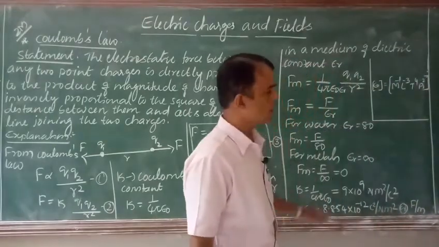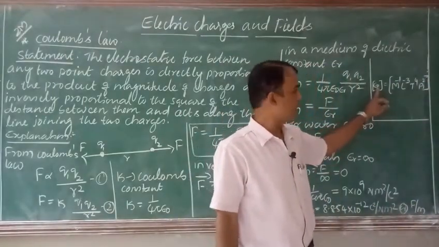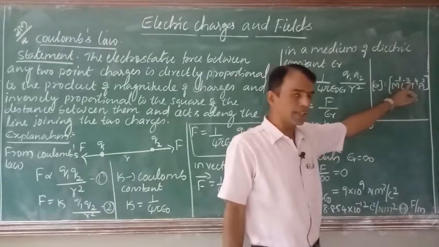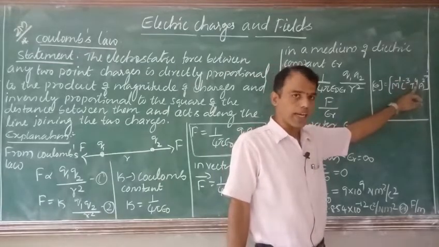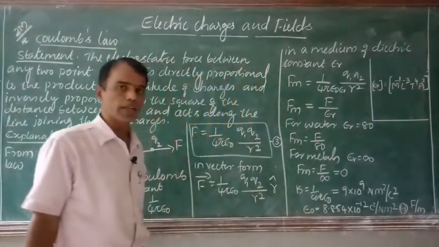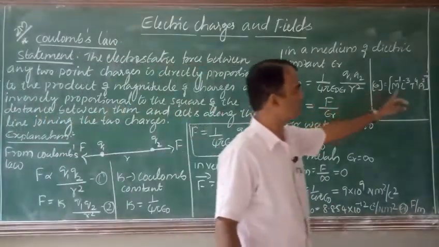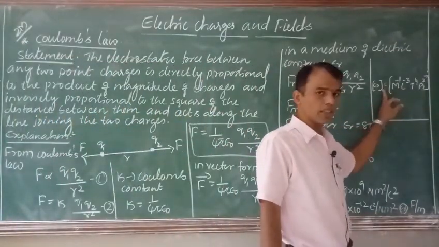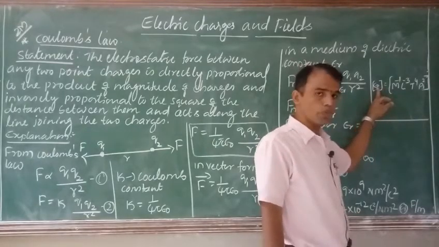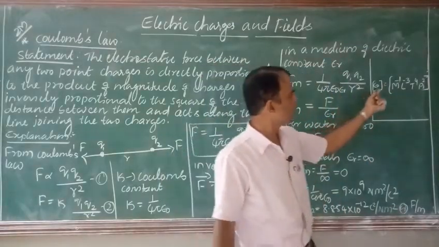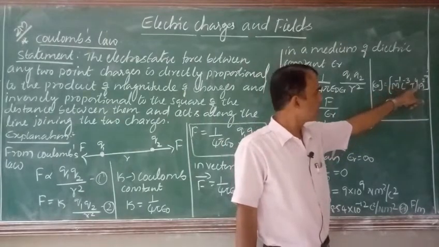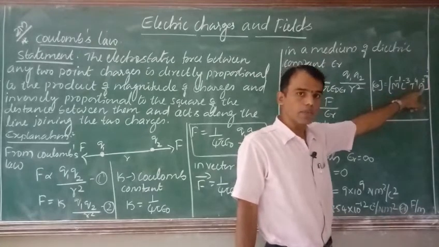We know electric current unit is ampere, symbolically we write that as A. So the dimensional formula of absolute permittivity of free space or vacuum, epsilon naught, is equal to M power minus 1, L power minus 3, T power 4 and A power 2.